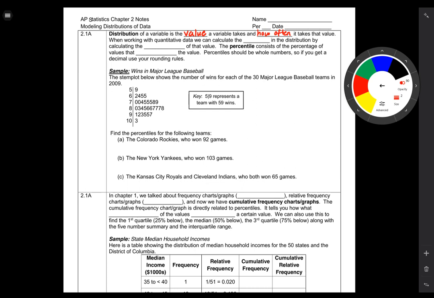When working with quantitative data, we can calculate the position or location in the distribution by calculating the percentile of that value. The percentile is the percentage of values that lie at or below the value.